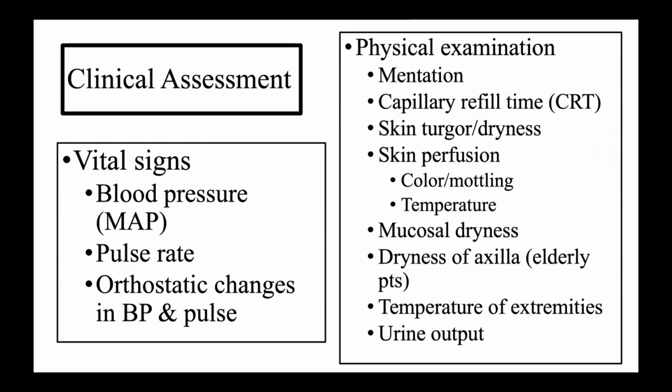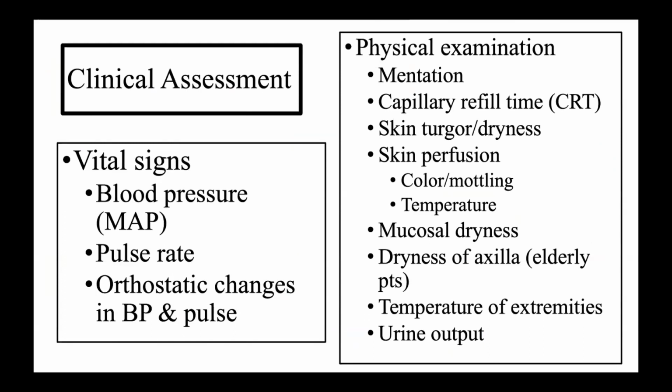Apart from the usual vital signs of pulse rate and blood pressure measured non-invasively, a 30% drop in blood pressure from changing posture from supine to sitting up or standing suggests the presence of hypovolemia.